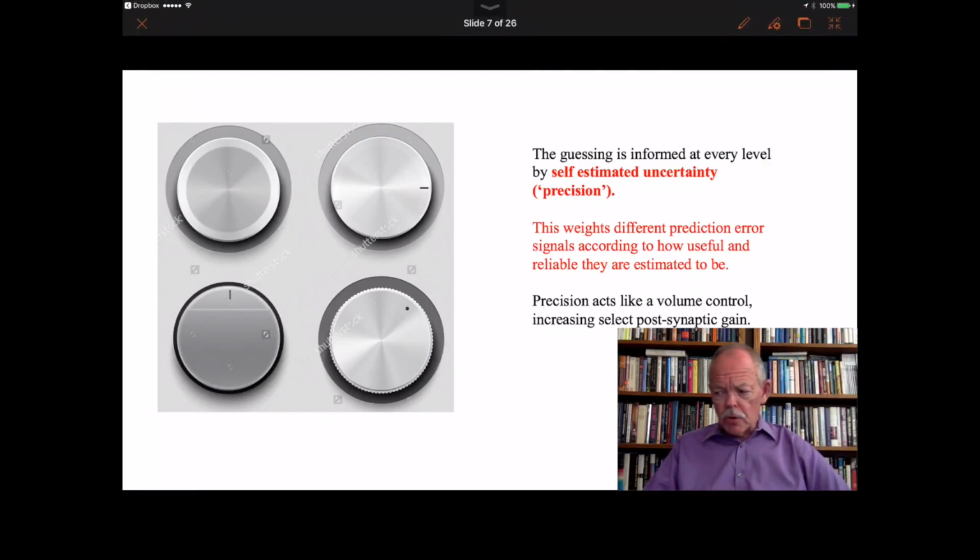Now, the error term involves an uncertainty. If we want to guess what's going on in the world, we cannot be totally sure.